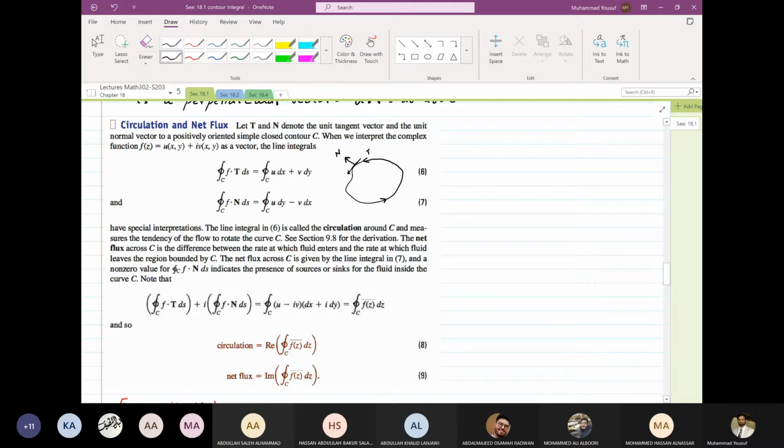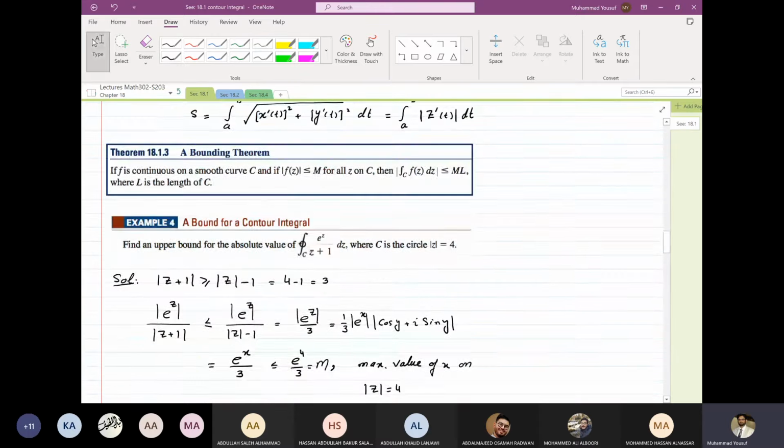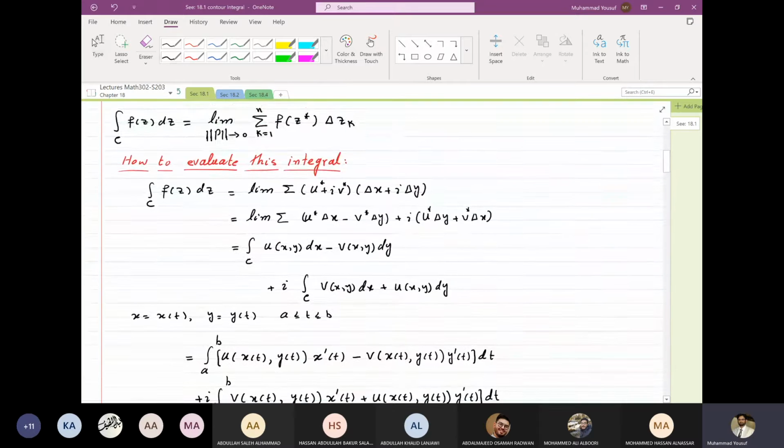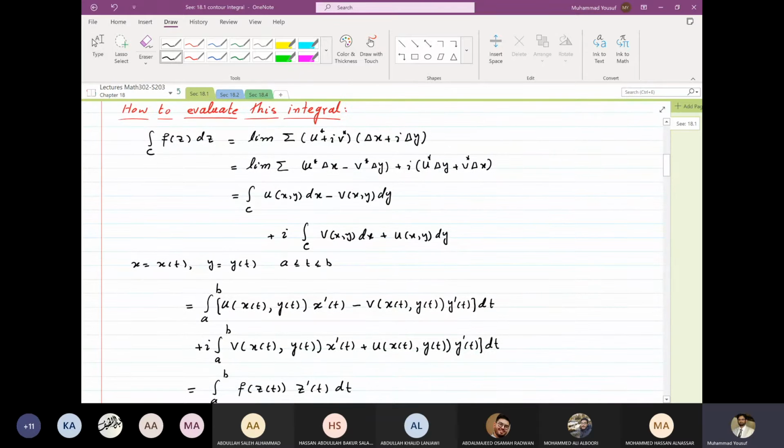Then when we write this contour integral here, let me put this in a red circle. The integral over C of f(z) dz is equal to the integral over C of u(x,y) dx minus v(x,y) dy. This is the real part of the integral, plus i times the imaginary part.